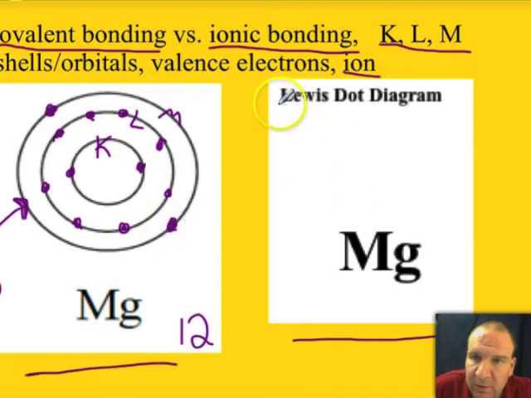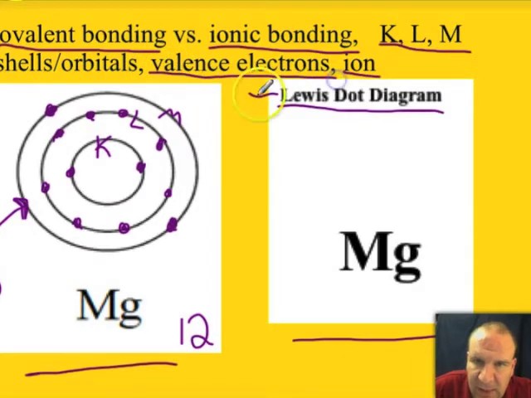Now, the Lewis dot diagram or the Lewis dot structure, it only uses the valence electrons. So I'm going to look over here in the outer shell, and there's 2 dots, right? So I'm going to put a dot here, and it really doesn't matter what side you want to put it on. And I'm going to put 1 on a different side.